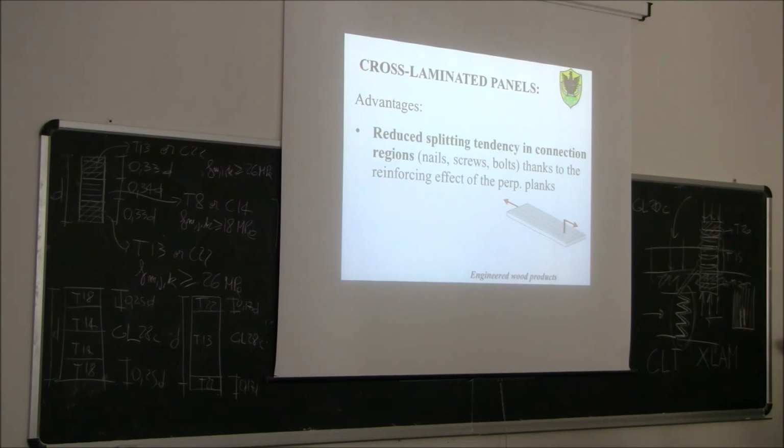Another typical failure is splitting. This process will introduce some tensile stresses in the direction perpendicular to the grain. So when we pull here, we will get splitting along the surface. So basically, we have something like this.